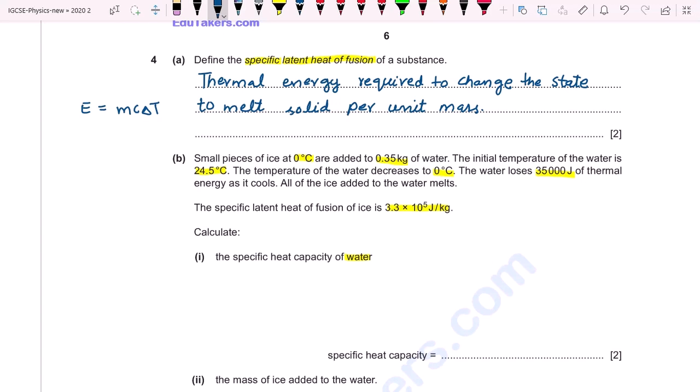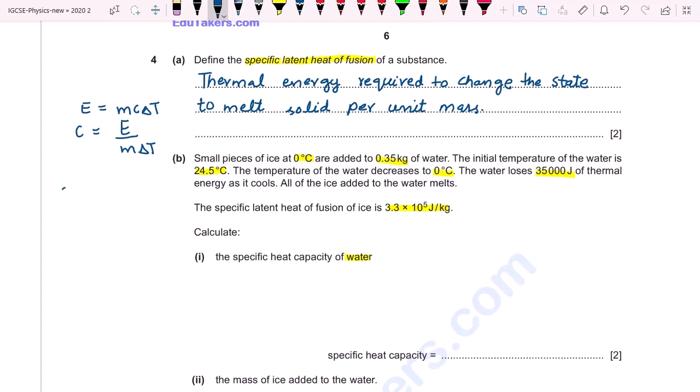Here change in temperature is 24.5 minus 0 degrees C, that is for water, and we have to calculate the specific heat capacity C. So I separate the C and write as C is equal to E over m delta T. Here energy is given, that is 35,000 joules.